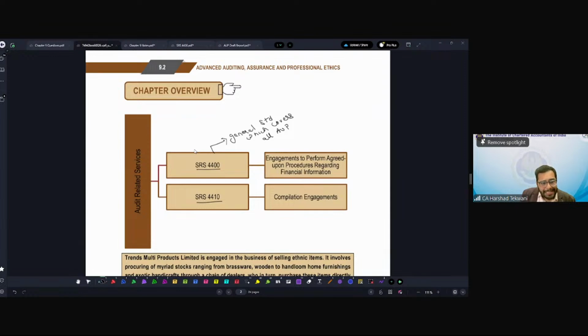But SRS 4410 is a specific standard which covers only compilation engagements, nothing else. So this is more of a general standard and this is more of a specific standard.